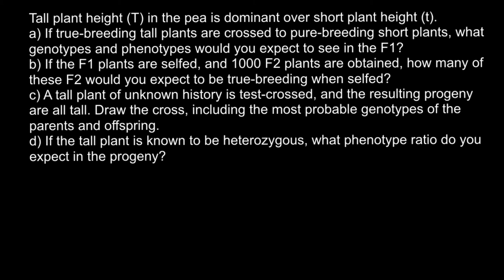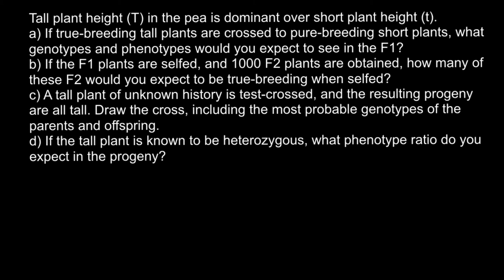Or if we take a short plant, self-pollinate it, in the next generation all plants are going to be the same for this trait. So we call such plants true breeding, or pure breeding. Pure breeding and true breeding is the same.